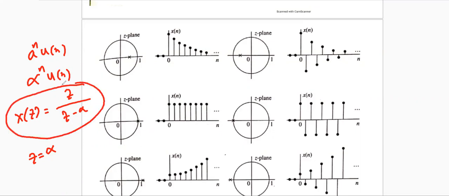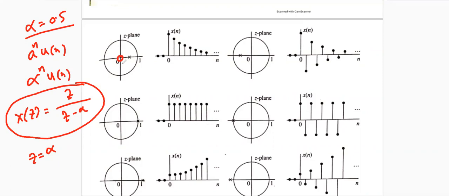From there, we have also plotted the poles and the zero locations. If we remember, the zero is at the location 0, and the pole at the location alpha, where alpha could be, let's say, 0.5.